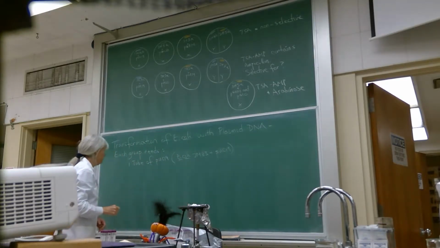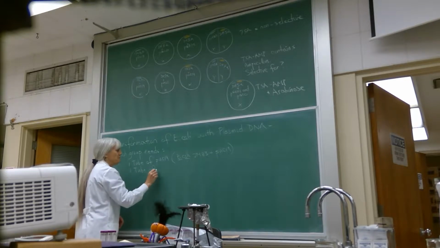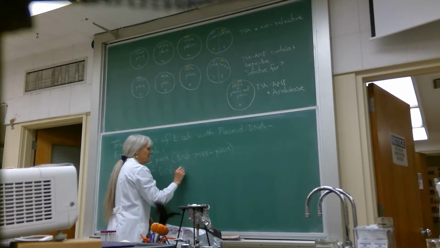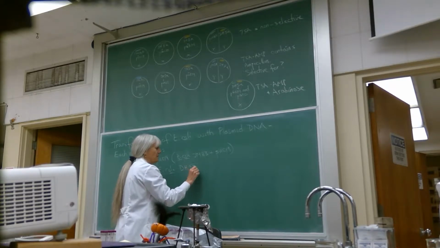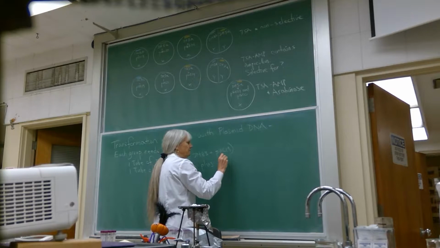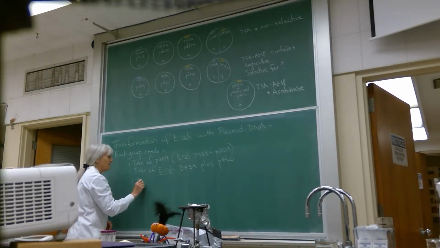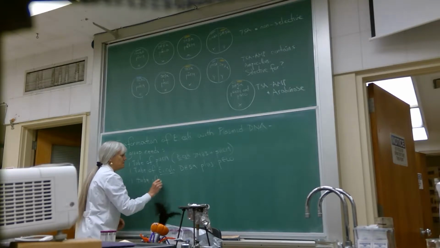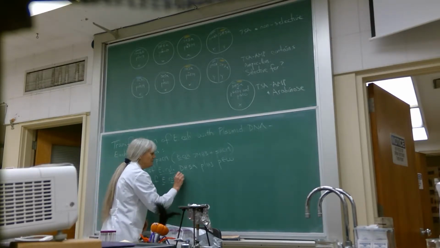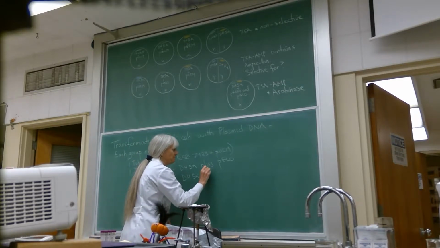And you need one tube of E. coli DH5 alpha plus pGLO. And you need one tube of E. coli DH5 alpha plus pGEM.